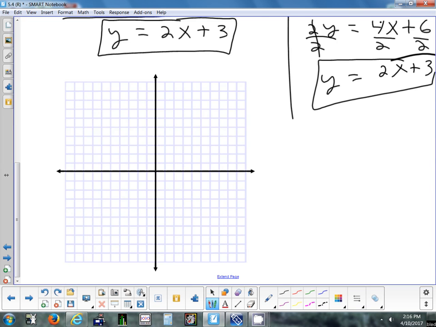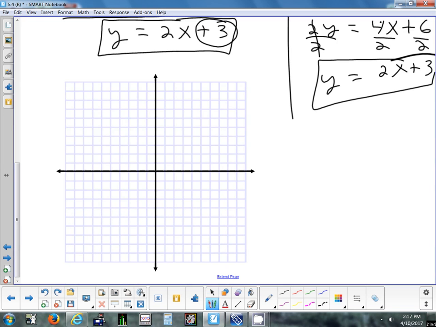Okay, what's the y-intercept? No, that's the whole equation. So the y-intercept is just the plus 3. And then what do you do with that plus 3? How do I show that plus 3 on this picture?